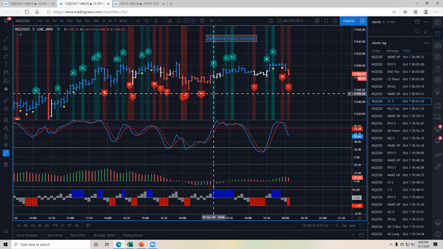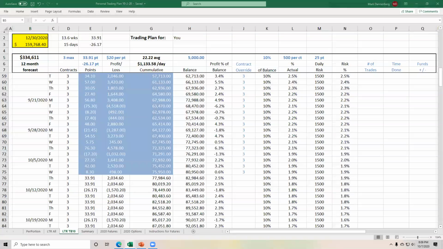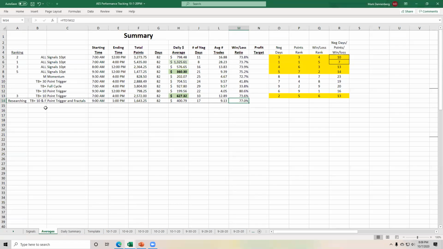Let's see. Dean's asking, sorry, I missed the explanation of the 10-point in all signals. On the tracking spreadsheet, it says 10 points. It means our profit target is 10 points. So it says all signals, 10 points. That means what we're tracking is a 10-point profit target, and that's what our brackets are.